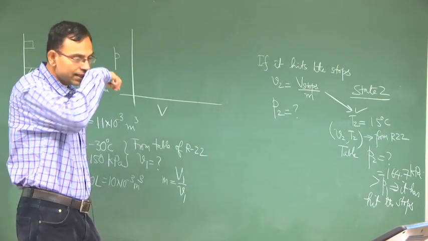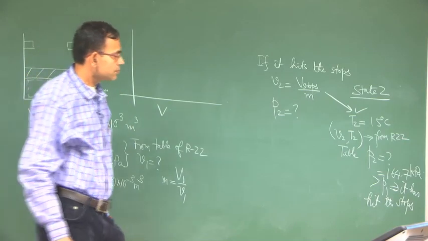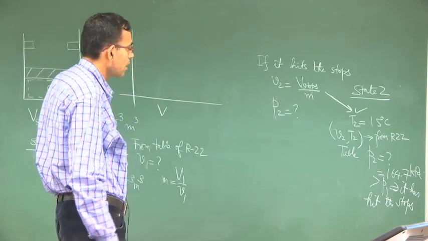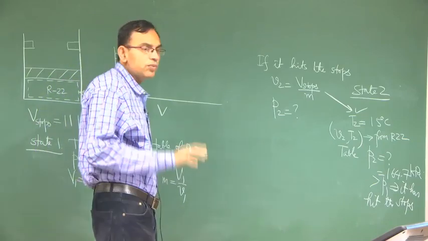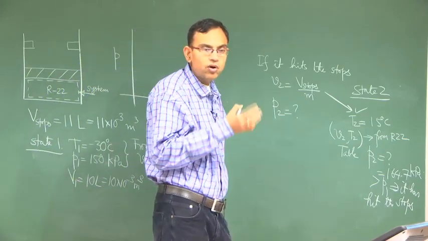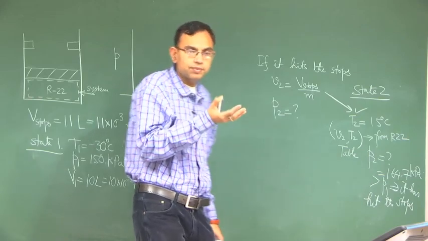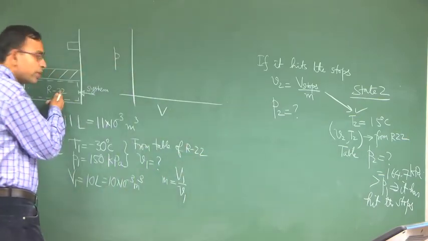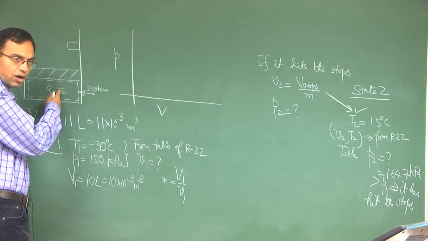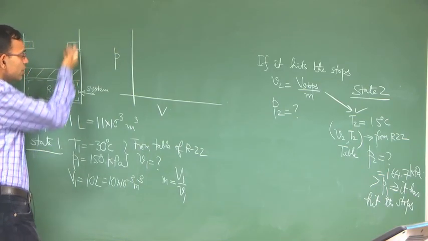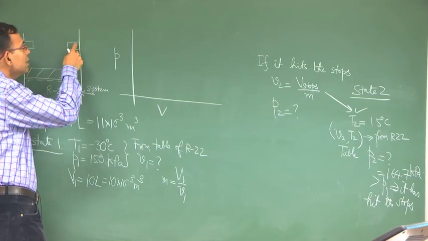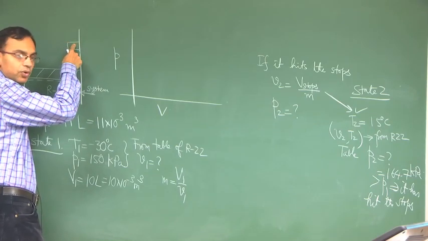So, once it has hit the stops, what will happen? Its volume cannot change anymore, but its pressure will build up, because heat is transferred to it from the room, the room is hot, and it wants to go up, but the stops are preventing it from going further up.